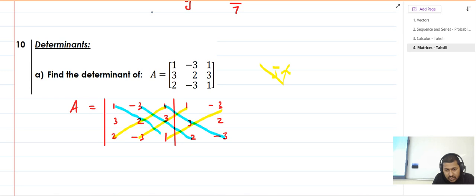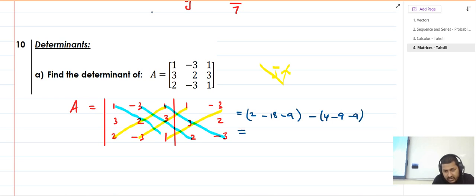Now, let's work this out. So you got 1 times 2 times 1, that's 2. Minus 3 times 2 times 3, that's negative 18. And 1 times 3 times negative 3, that's negative 9. That's the down diagonal, the product sum. Minus. The up diagonal is 2 times 2 times 1, which is 4, minus 9, and that's also minus 9.